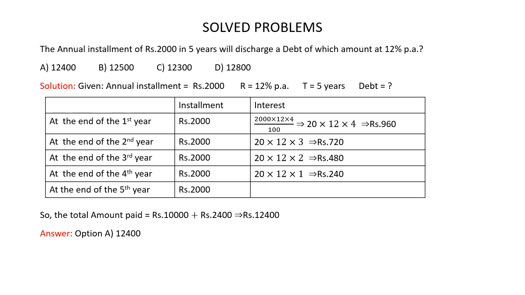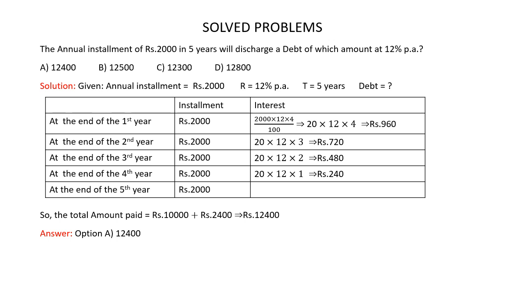Interest is 2,000, which is the annual installment, multiplied by 12, which is the rate of interest, multiplied by 4 because payment has to be made for 4 more years, divided by 100. Now this is nothing but 20 multiplied by 12 multiplied by 4.